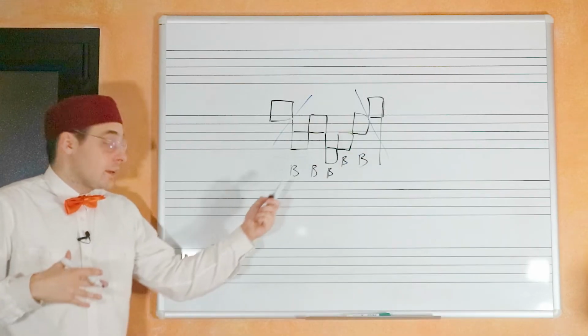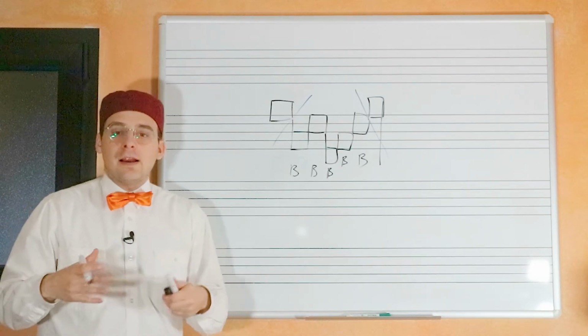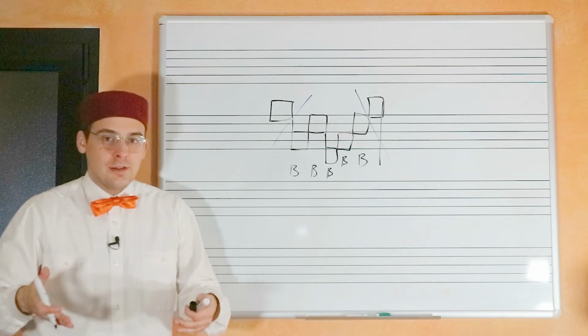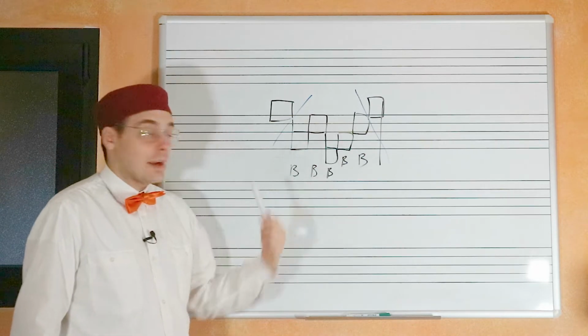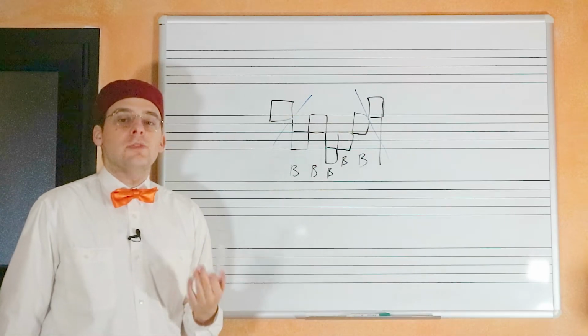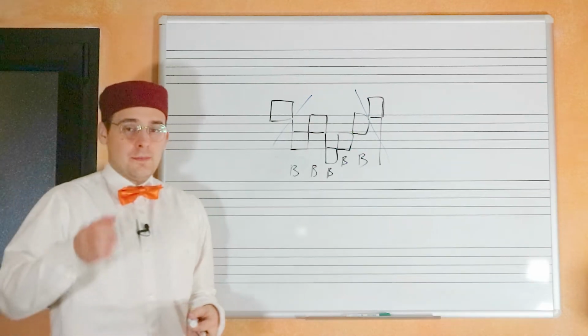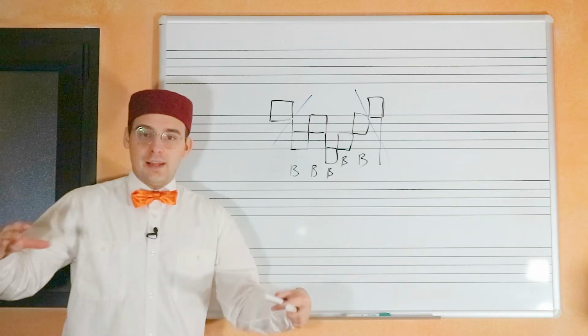If I want, in place of all these brevis, for example, a longa or a maxima, I have to add something that now we see. For example, I want to transform this note into a longa. How can I do that? The rule is very simple. Remember the previous video with the rules for 2 notes ligatures.